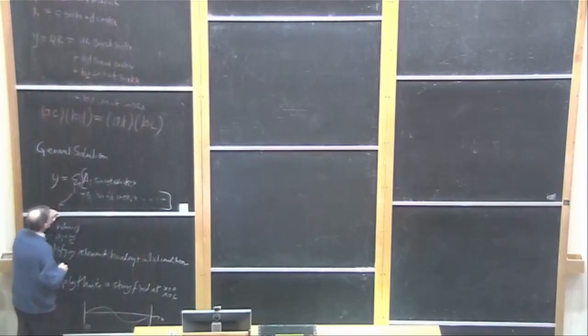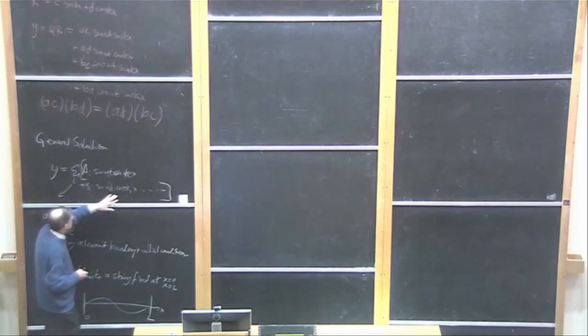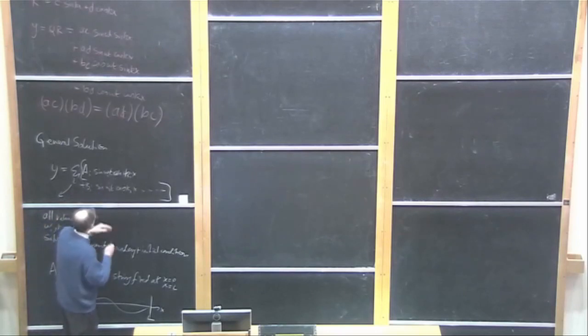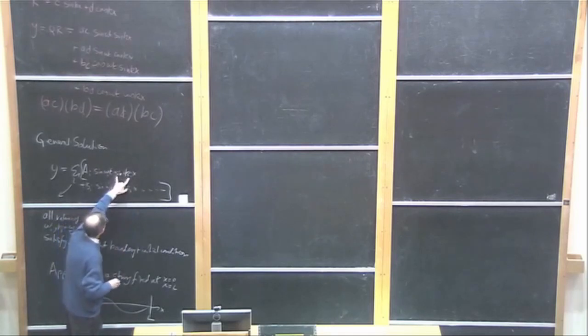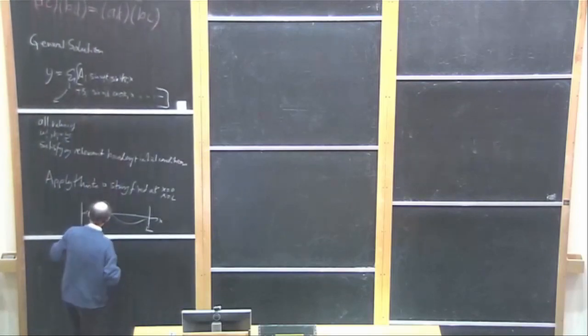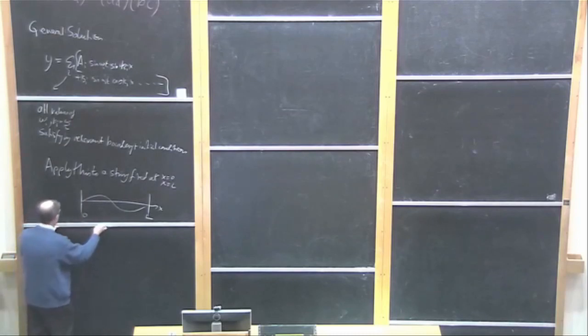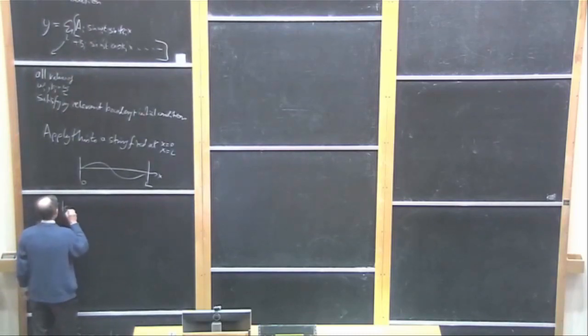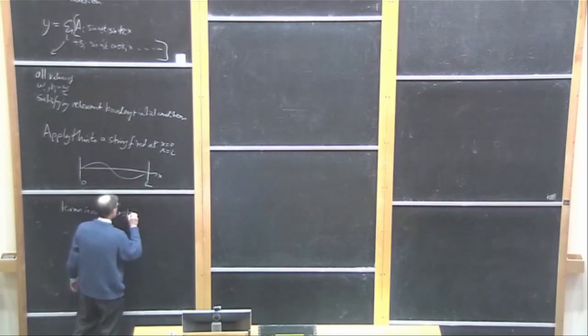Here it is. So the general solutions involve terms involving a sine omega t sine kx and terms involving cos kx. We have a boundary condition at x equals 0, which is y equals 0. And so terms involving cos kx are absent.